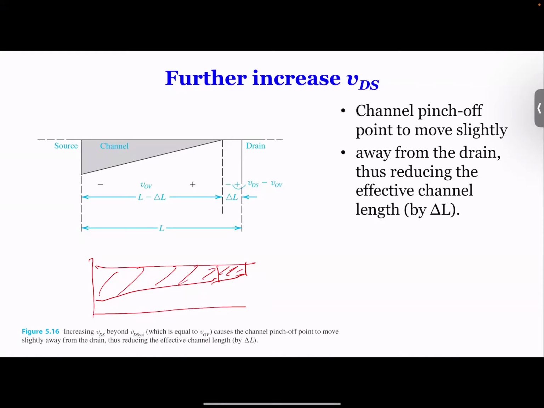So the channel is no longer like a rectangle. The channel looks like a triangle, and not only that, the other side of the triangle is not on the edge anymore. It moves towards the inside of the MOSFET. And it's called the drain.